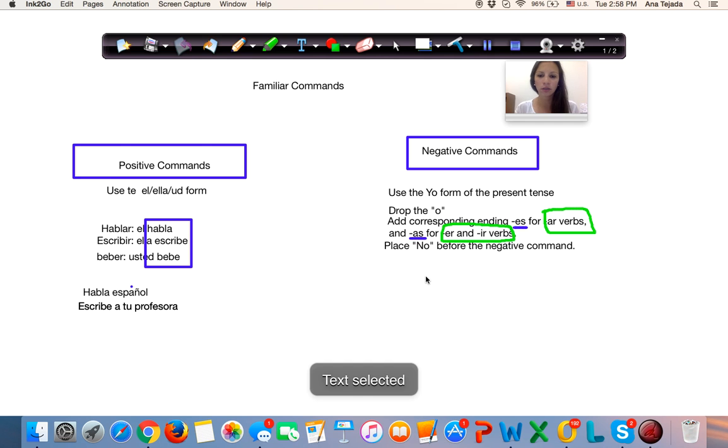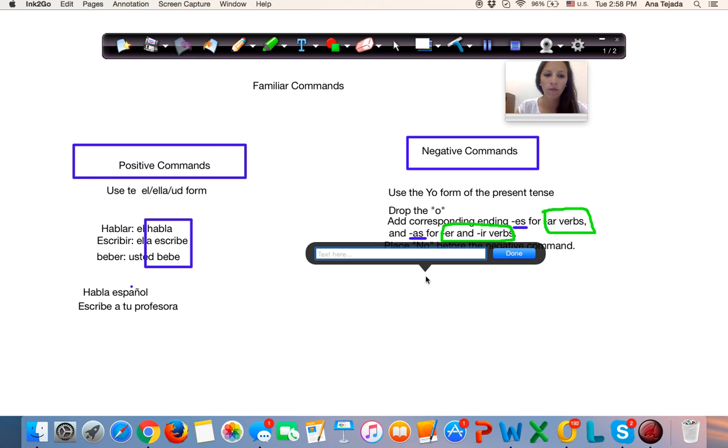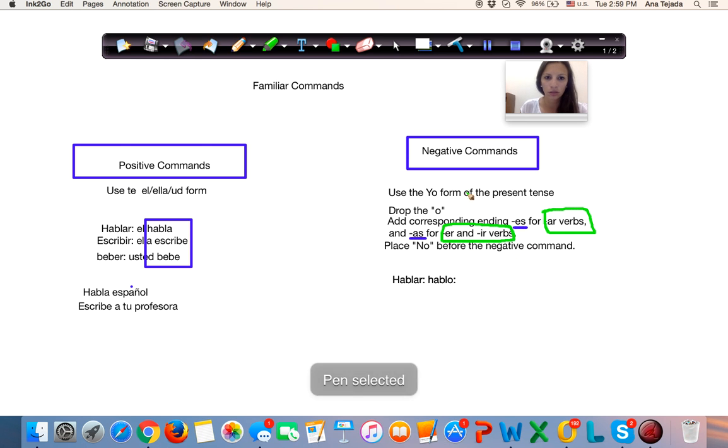So this is how it's going to look. Let's use the same verbs. Hablar. Yo hablo. Okay? Remember, we're going to drop the O, and we are left with habl.